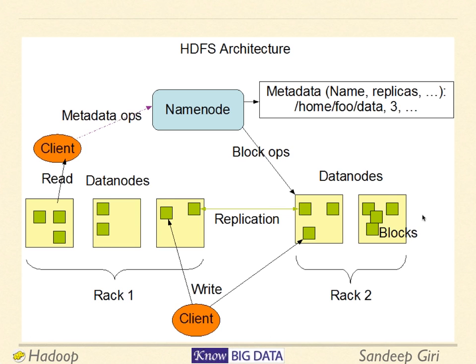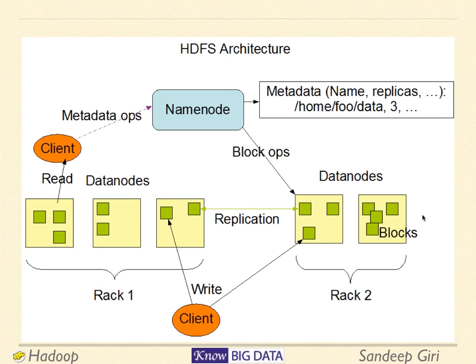So Savita's question is that, so that's the crux of it. When the client is writing, they write directly to the data node. If they were writing through the name node, then the name node would become the bottleneck.